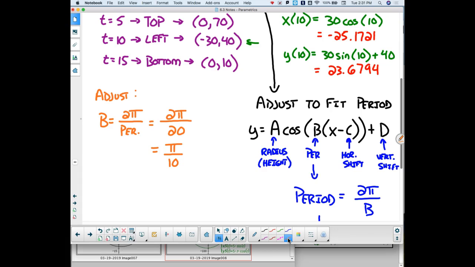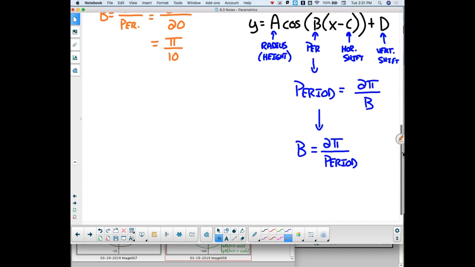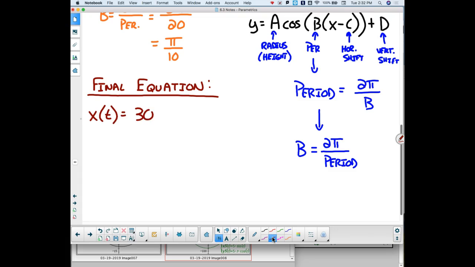Okay. So my final equations, hopefully, we're going to test them out here. My final equations: x of t is going to equal 30 cosine of pi over 10 times t.